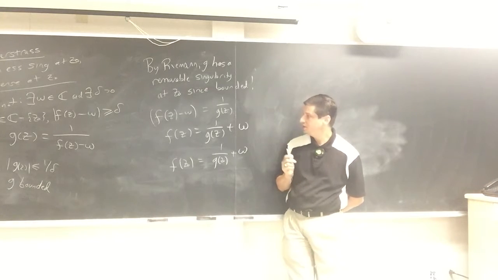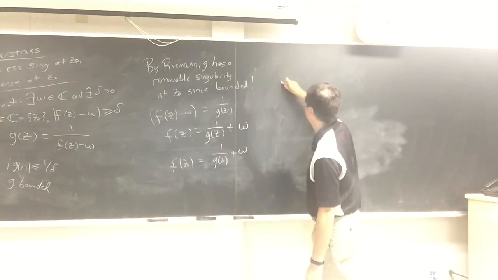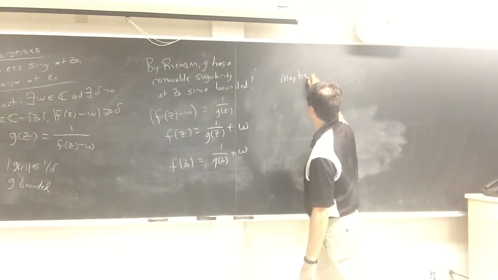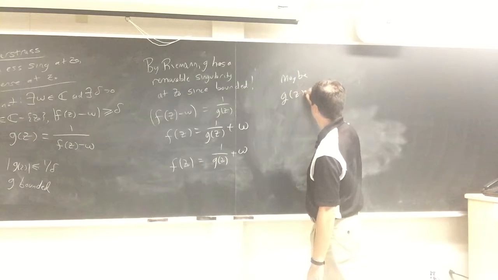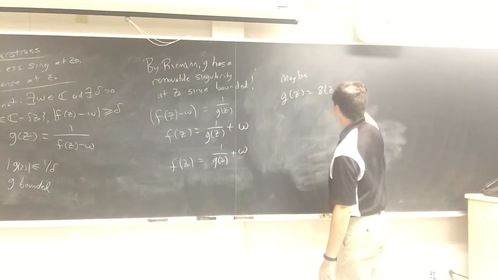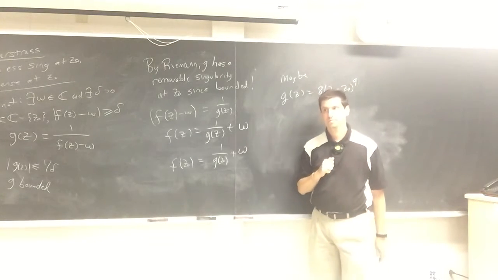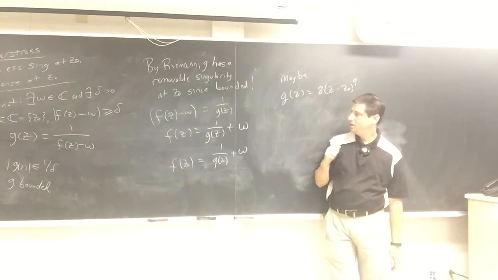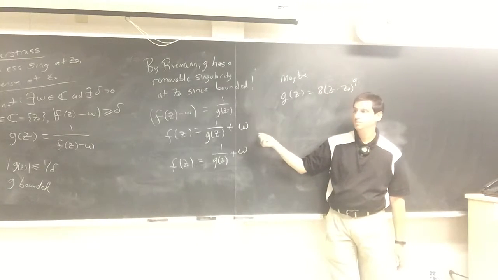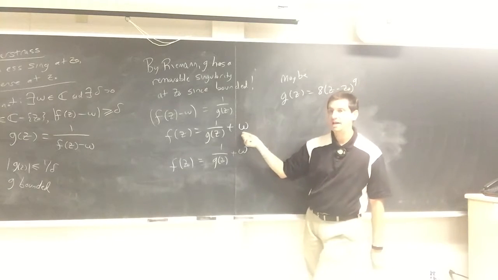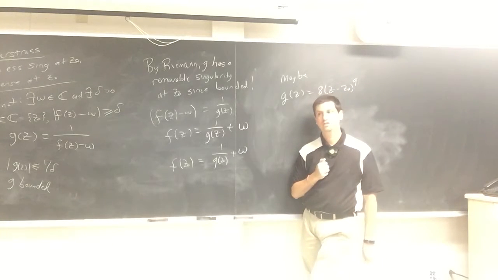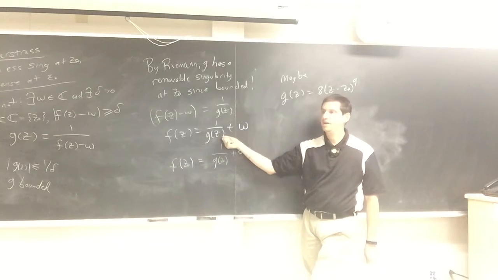So it's possible that maybe you have g of z is 8 times (z minus z naught) to the 9. And then 1 over g of z would blow up. But g has to have a 0 of finite order. So this would then give f has a pole, not an essential singularity.